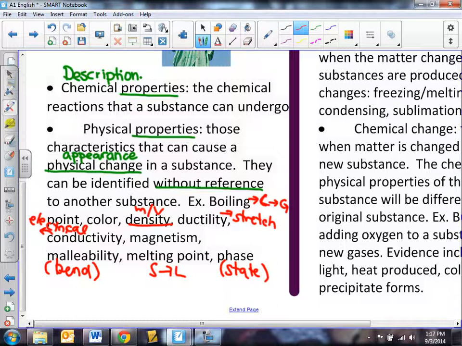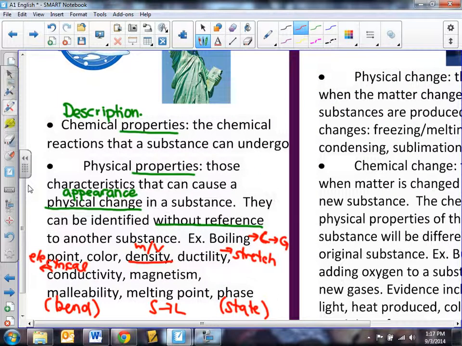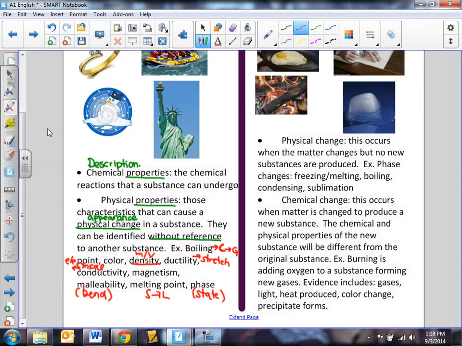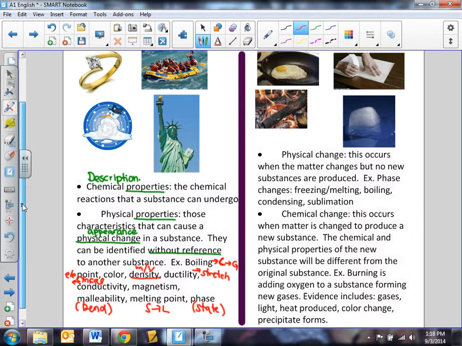Does anyone else have any questions about the words that are on here? So I'm going to move the screen up in a second so we can look at some pictures. Actually, I'll just try to make this a little smaller so we can see it all. There we go. I think you can see it all now.